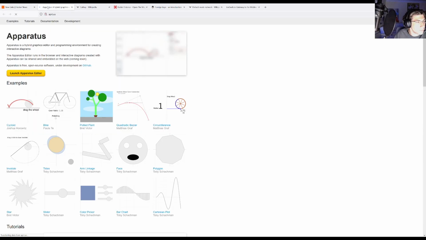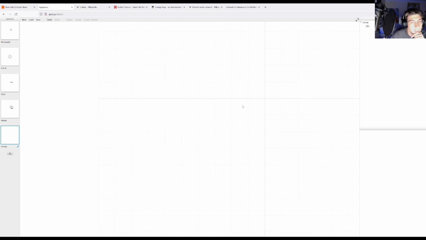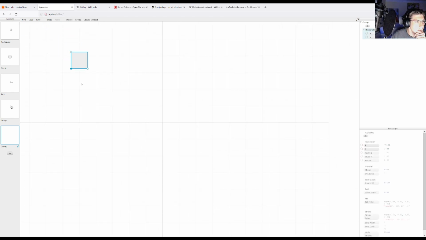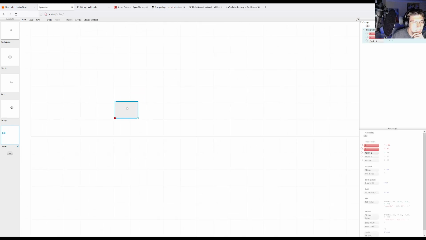Let's see. Apparatus, okay, launch the editor. Oh wow, this is cool. So let's say I want to make the architecture of an application. How do I add text? Right here.